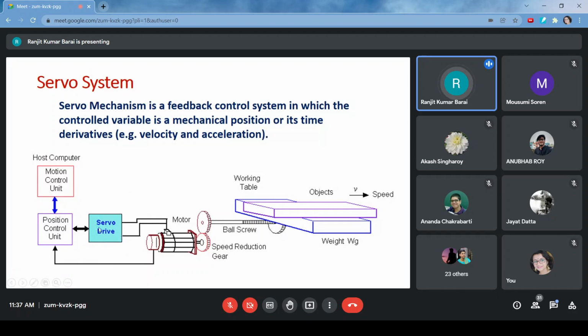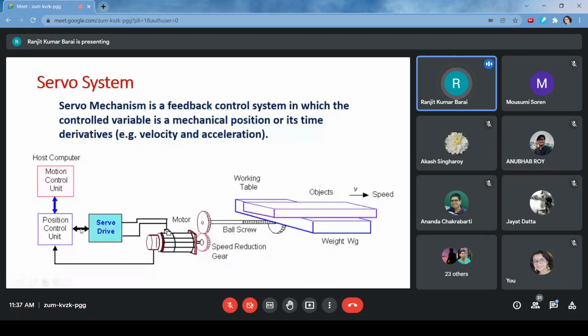The servo drive is basically an amplifier, a power amplifier, which amplifies the control signal generated by the control system, because the signal output from the controller is very weak. It's just a signal, not power, but it has the necessary information on how to control.